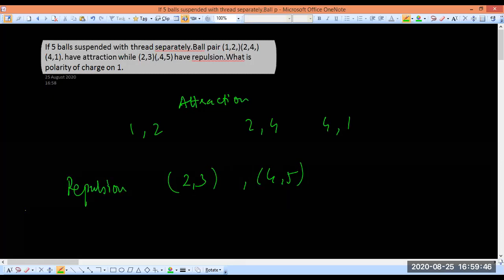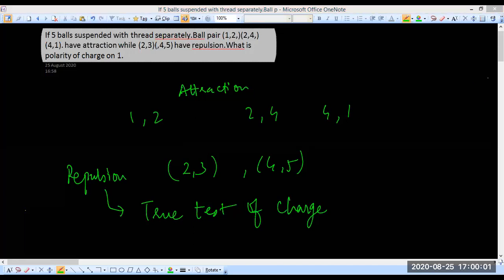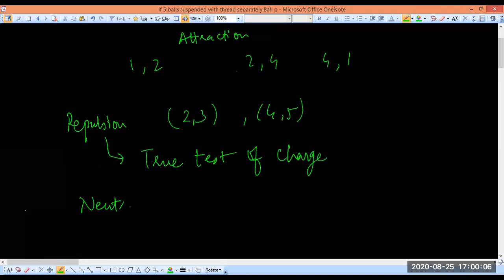This is very interesting. Do you remember, I mentioned in one of the videos that repulsion is the true test of charge, because a neutral body is attracted by charged particles.